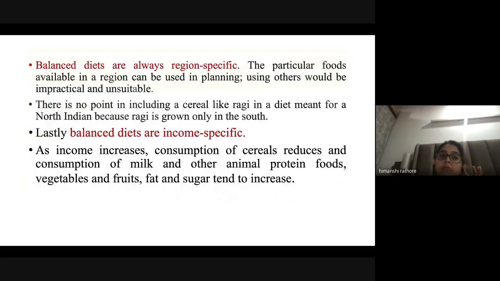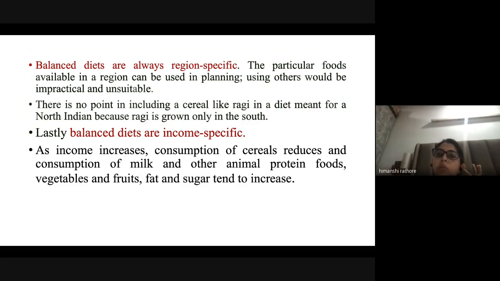Next, moving on to the region specific. Region specific means the crops available in India must be different from your country. So you have to use region specific ingredients. It will be impractical if I say, okay, in India potato is being used in a high amount, you also add potato in your diet.